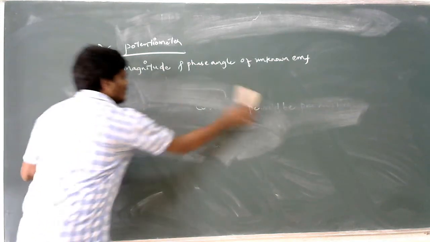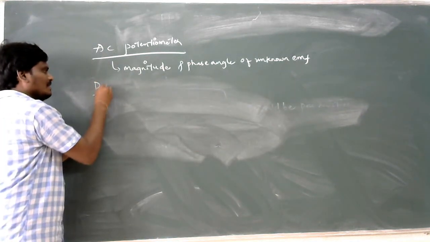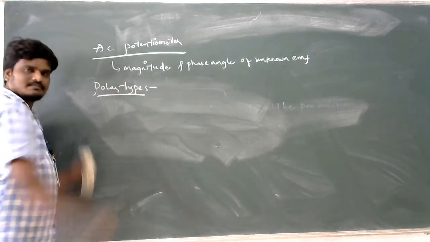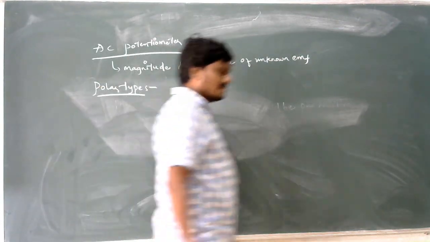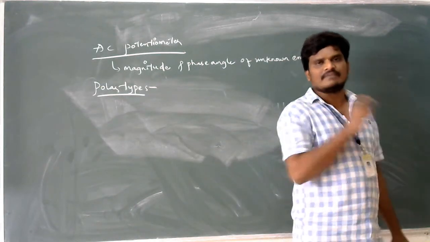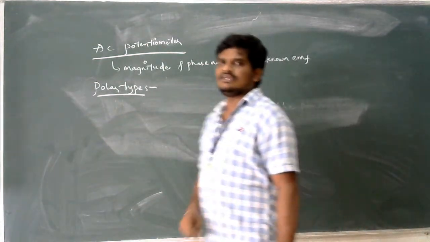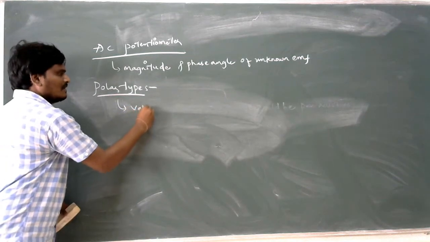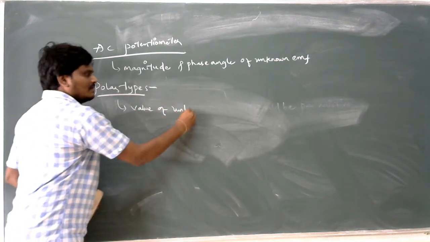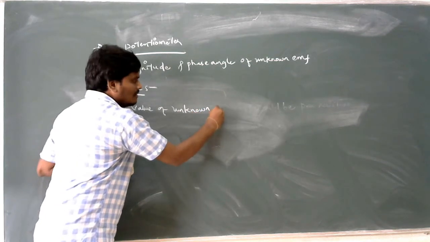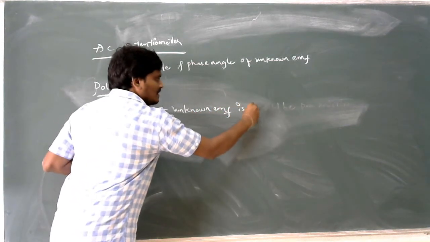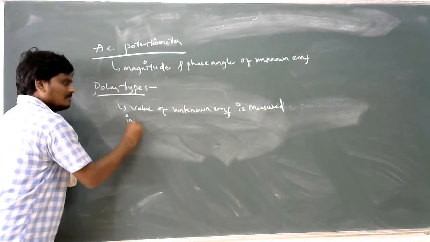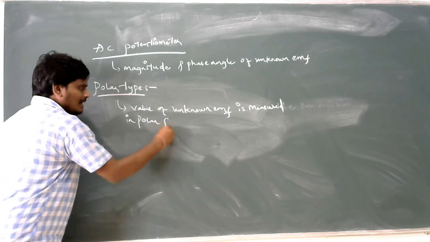First we will go with the polar type AC potentiometer. In this type of potentiometer, the value of the unknown EMF is measured in polar form.